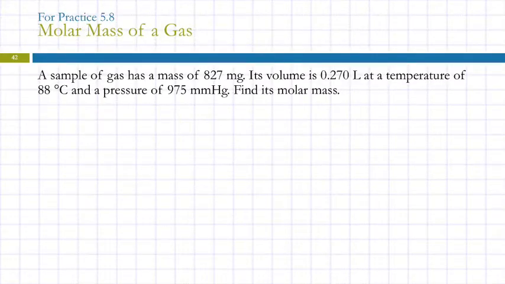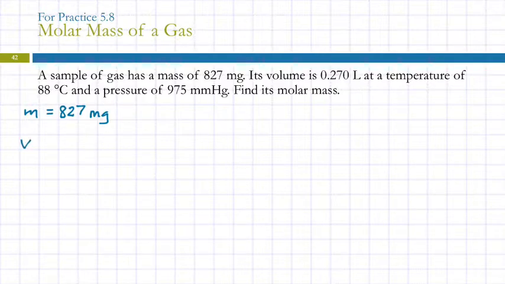A sample of gas has a mass of 827 milligrams. Its volume is 0.270 liters, at a temperature of 88 degrees Celsius and a pressure of 975 millimeters of mercury. Find its molar mass. So we'll identify the numbers, write them down, and give them labels. 827 milligrams, so that's mass.